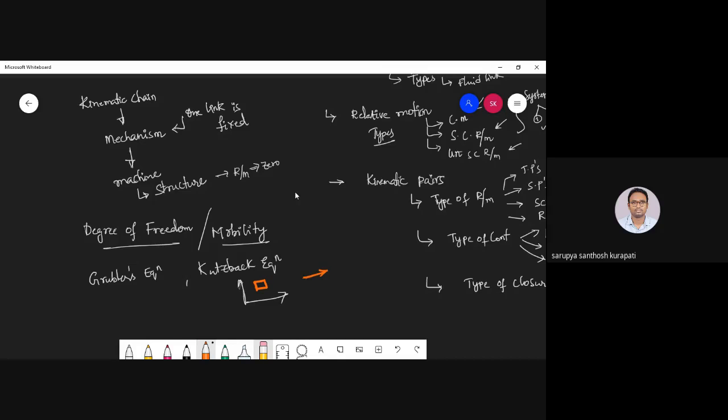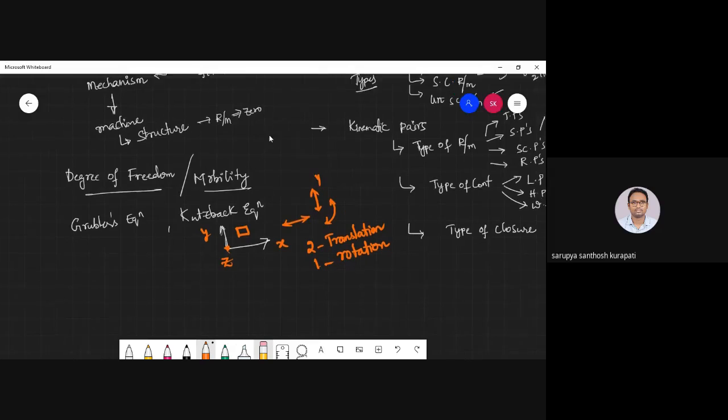How many degrees of freedom are there along the x-axis and along the y-axis, and with respect to the origin, this is the z-axis, where you have rotation about the z-axis. So in a 2D plane, you have 3 degrees of freedom: two translations and one rotation.